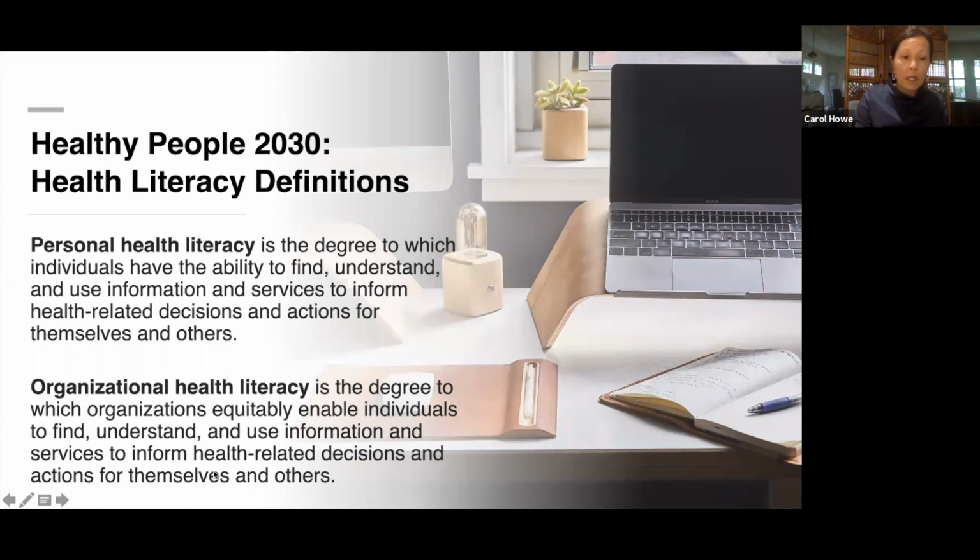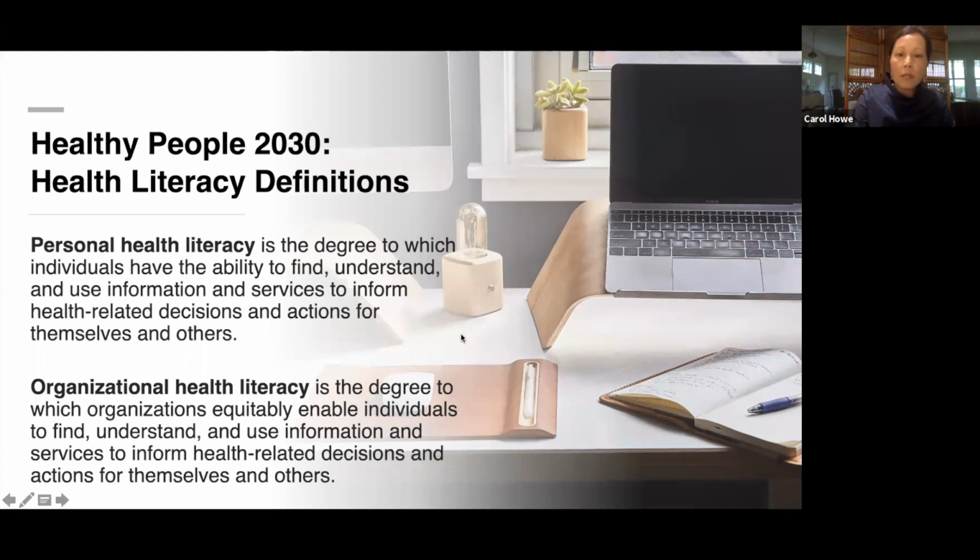Organizational health literacy, I'm sorry, I have to keep moving your faces. Organizational health literacy is the degree to which organizations equitably enable individuals to find, understand, and use information and services to inform health-related decisions and actions for themselves and others.